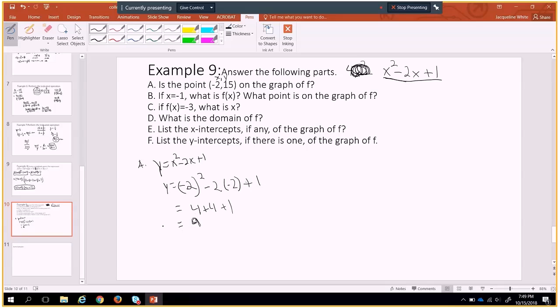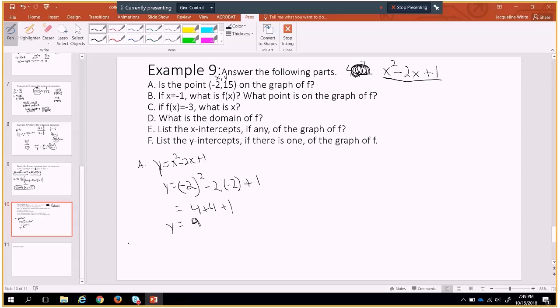We get that y is equal to 9, and we wanted that y to be 15, but it ended up being a 9 when we plugged in that x of -2. So in this case, is the point -2, 15 on the graph of f? This statement is false. So no, this point is not on the graph of f.